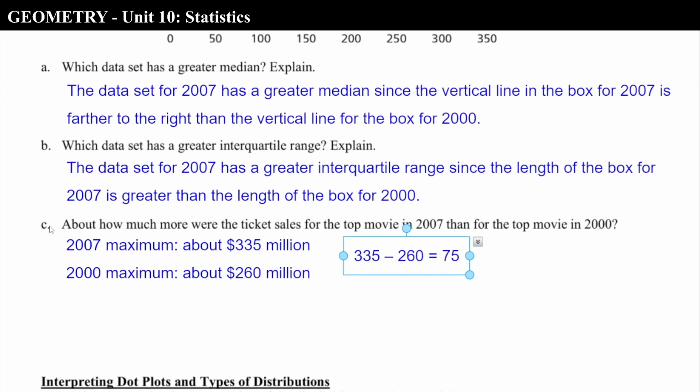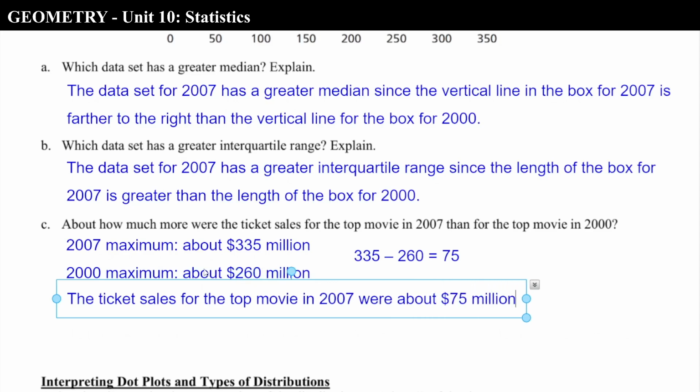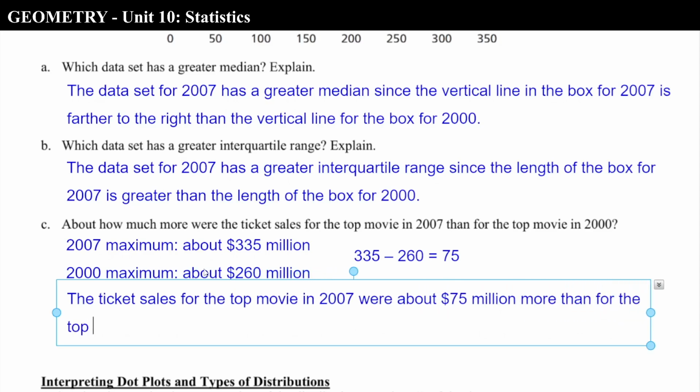So we finish this off by saying the ticket sales for the top movie in 2007 were about $75 million more than for the top movie in 2000.